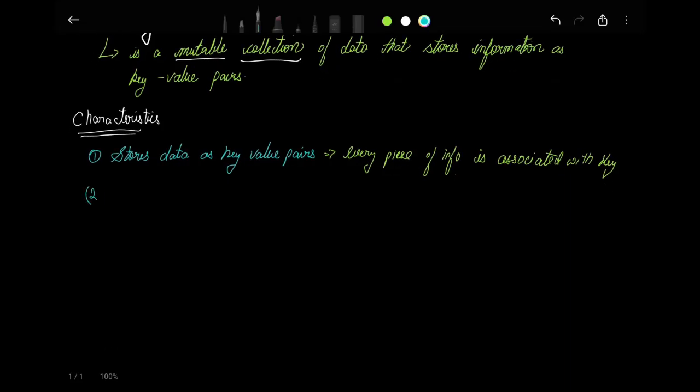The next characteristic is dictionaries are mutable. That means we can change values whenever needed.